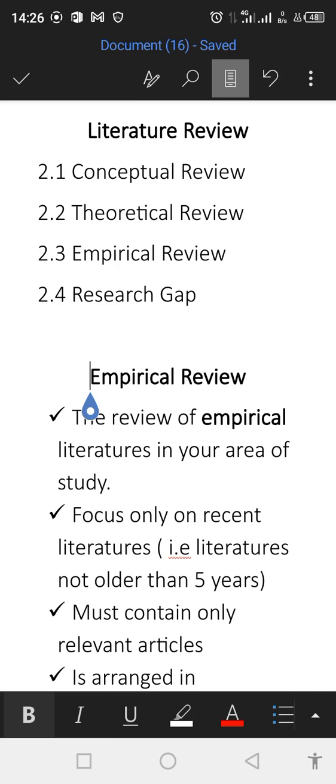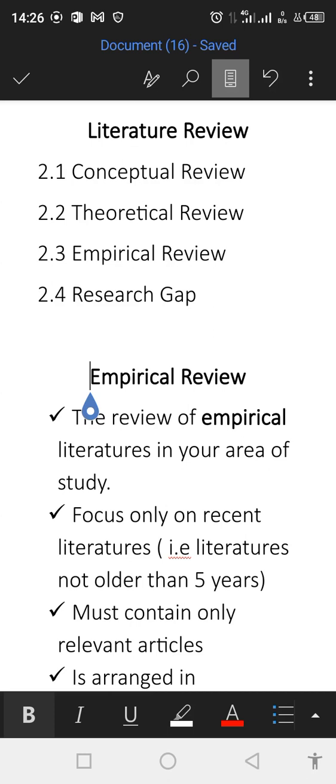It gives you in-depth understanding of what you don't even think of. Even when you have that idea of your research topic in your head, you begin to see the extent to which people have done different things that you didn't understand before. You begin to realize them inside your literature review.